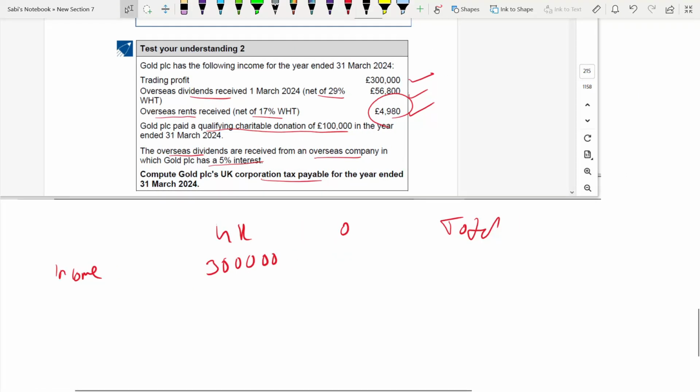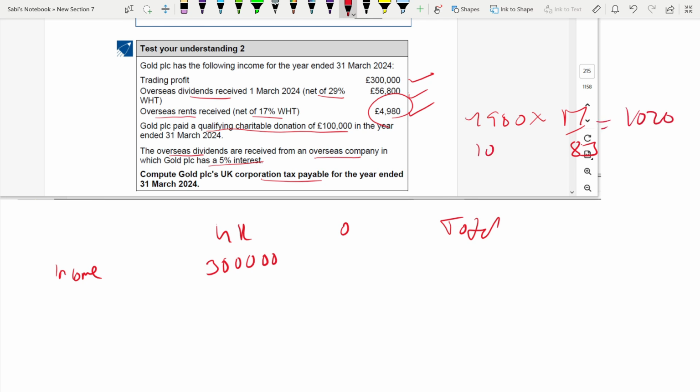So 4,980, you have to gross it up. It is 17%, so 17 divided by 83 is 102... so this 1,020 you have to add with 4,980 and it becomes 6,000. So overseas income is 6,000. 306,000 is the total. Now nothing to do.